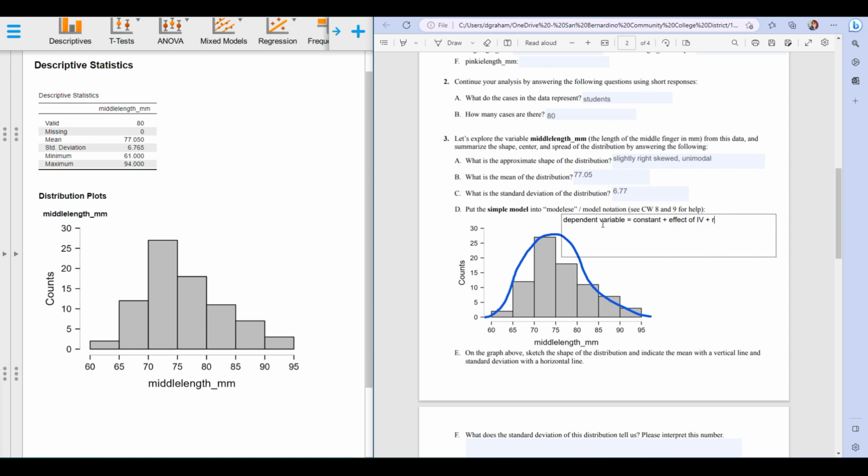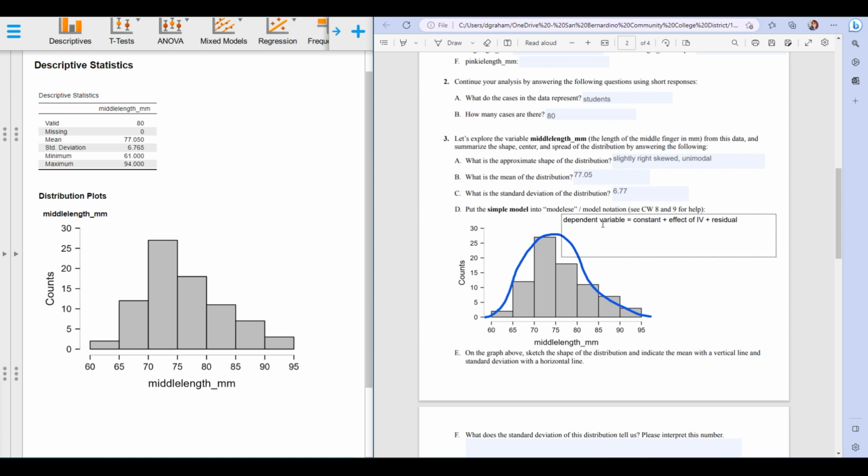So this is what I'm expecting you to be working on and learning. So this part is we're going to see this over and over and over again. This is what's called the general linear model.